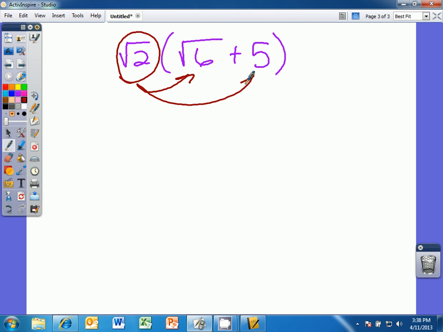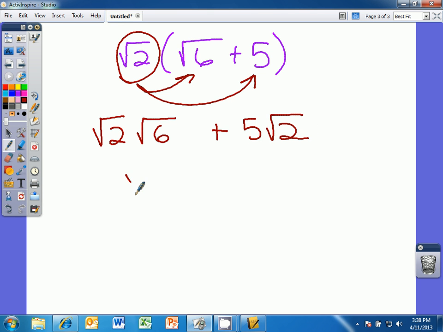So this becomes radical 2 times radical 6 plus the 5 times the radical 2. We can multiply radicand by radicand, and that makes this radical 12 plus 5 radical 2. The coefficient needs to remain outside of the radical sign here.